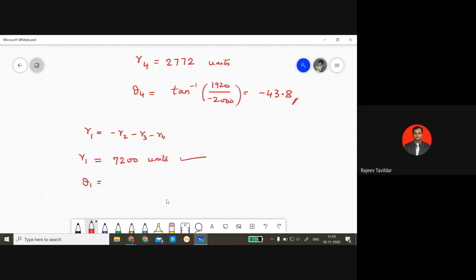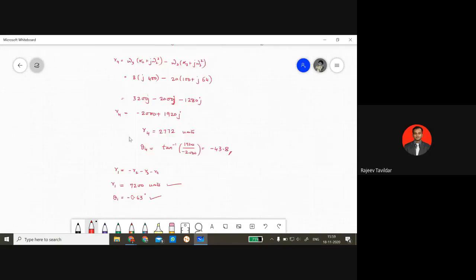Okay, what about theta 1? So minus 0.63. This is the answer that has been told to me, minus 0.63. Is it correct, or are others getting a similar answer? Yes, sir. Okay, great.